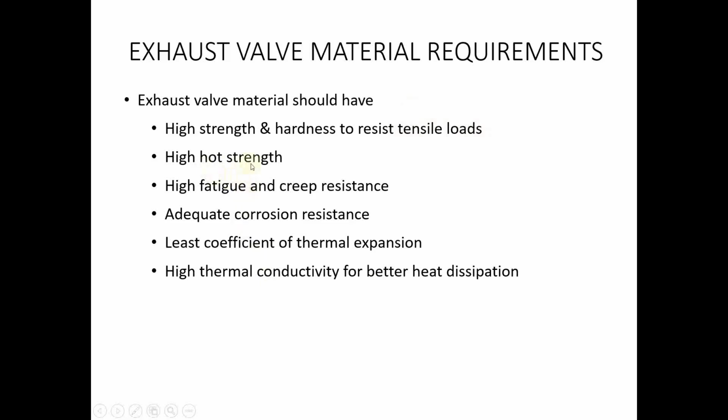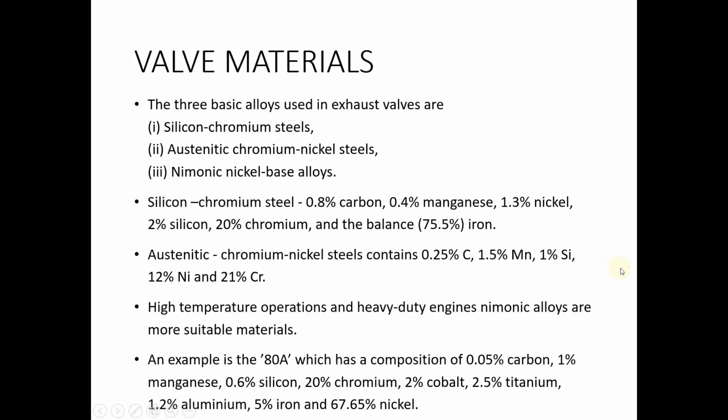It should have high hot strength. Fatigue and creep resistance should be there. Corrosion resistance should be there. The coefficient of thermal expansion should be low, and thermal conductivity should be high for better heat dissipation, that is, it must cool very fast. These are the requirements of the material with which the exhaust valves should be made.